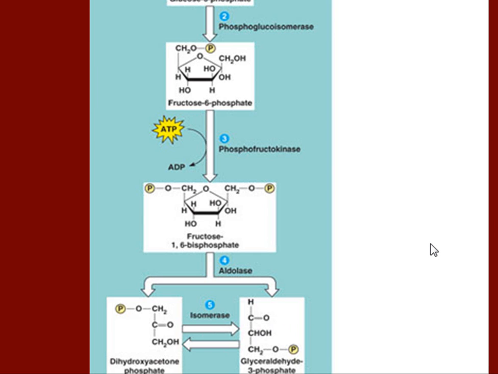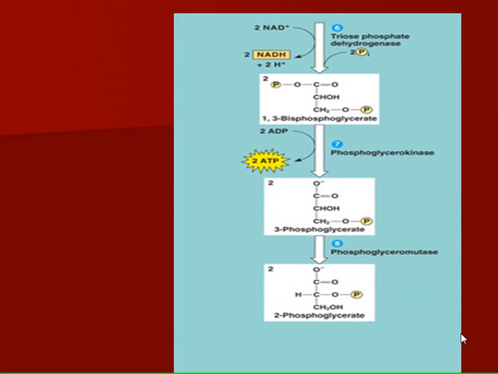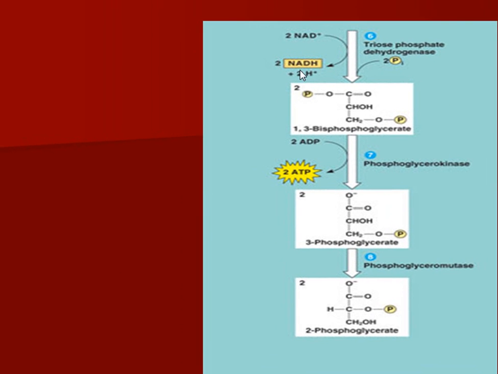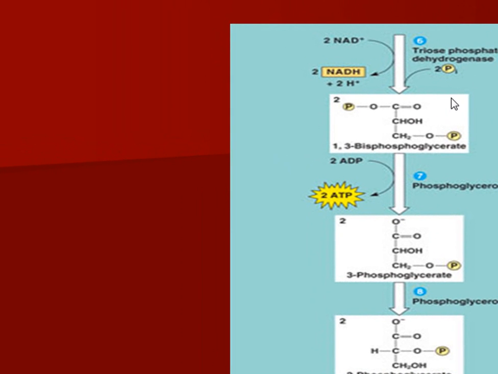But it is only glyceraldehyde 3-phosphate that can move forward in this pathway. That glyceraldehyde 3-phosphate then removes some hydrogens and electrons to reduce NADH. Two inorganic phosphates come into play to make 1,3-bisphosphoglycerate.